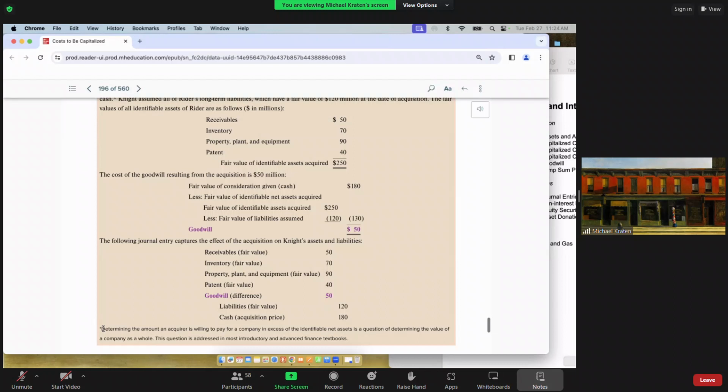That works if the process by which you come up with the number is formulaic. This is a lot more conceptual, and therefore this formulaic approach of defining goodwill is a little bit clunky. Okay, other questions?